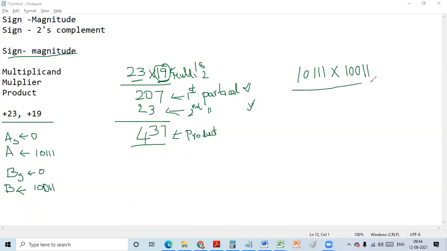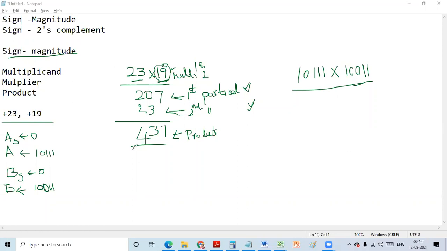Once you get the product, then based on AS and BS, if both are positive, the result of the product is positive. If both are negative, the result is also positive. If both are opposite, the result of the product is negative. In that way, we can finally assign the sign for the product. So first you have to get the product.